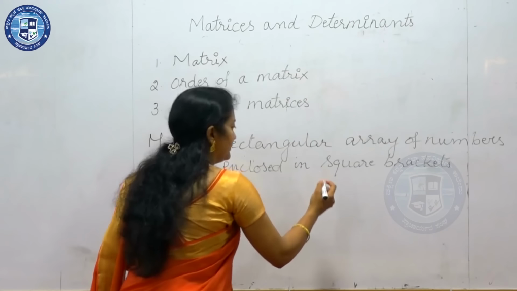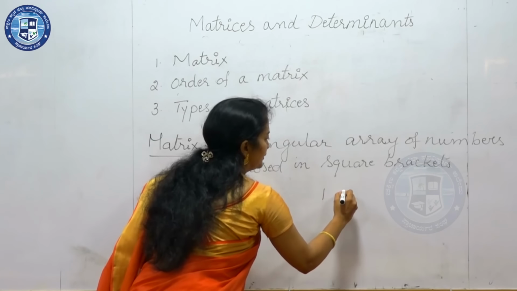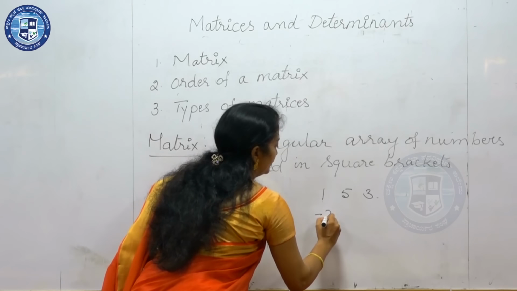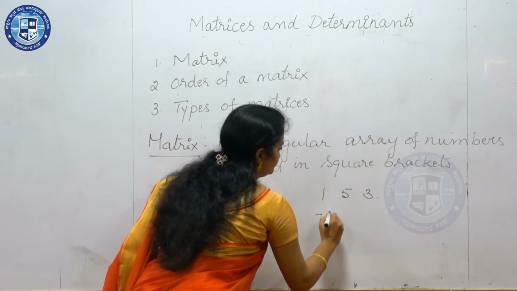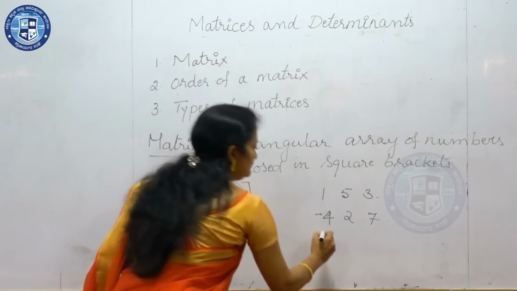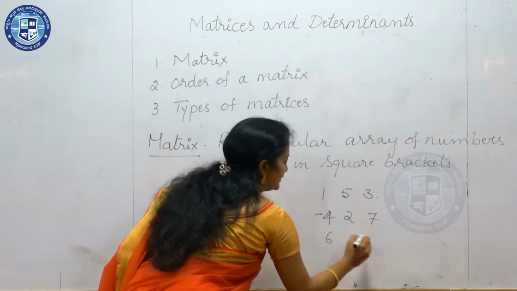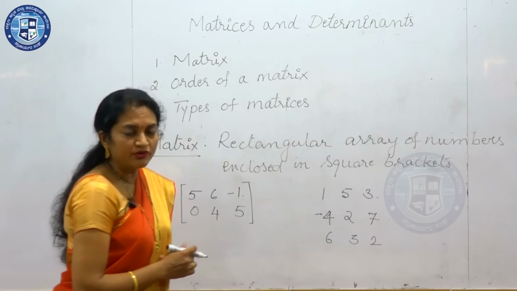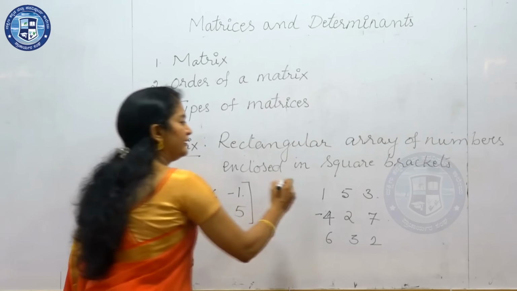And one more example you can see: 1, 5, 3, -4, 2, 7, 6, 3, 2. This is one more rectangular array.